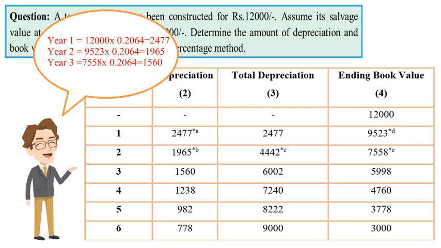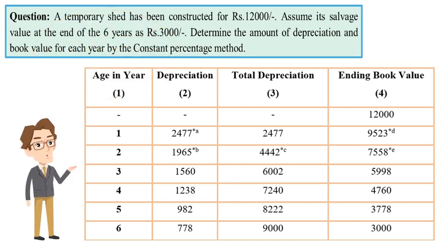Year 2 equals 9,523 multiplied by 0.2064 equals 1,965. Year 3 equals 7,558 multiplied by 0.2064 equals 1,560. And so on for subsequent years.